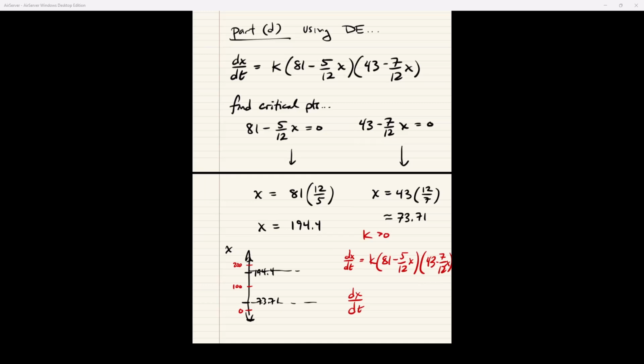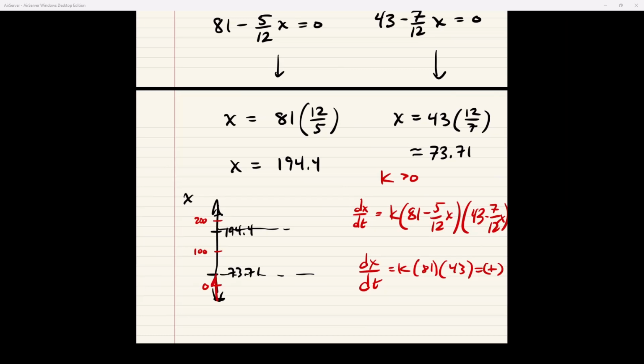So you can see right away that if you plugged in 0, you'll have dx dt is k times 81 times 43, and it's positive. So I know that it's increasing for any value less than 73. The function is going to approach 73 over time.